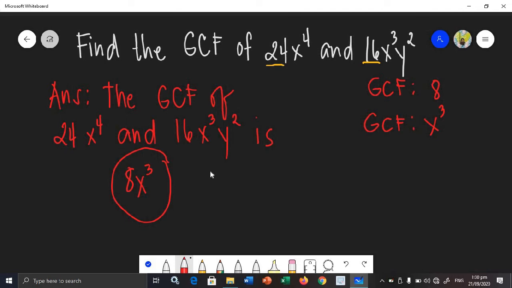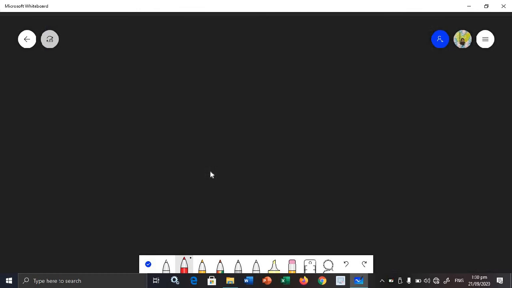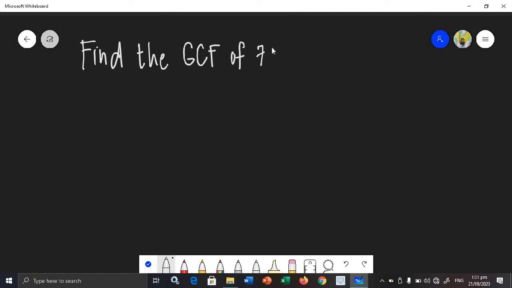Another example. So, let's say we will be looking for the GCF of 72a squared b squared and 120a cubed b.